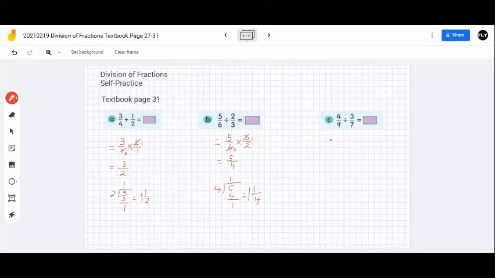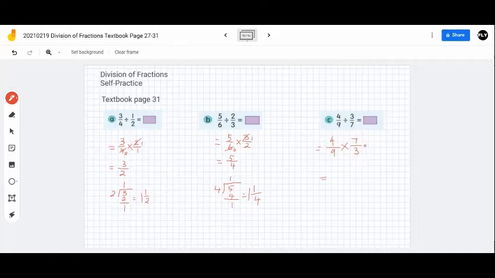Next, look at C. 4 over 9 divided by 3 over 7. Change the division to multiplication and inverse 3 over 7 to 7 over 3. Next, look at this.